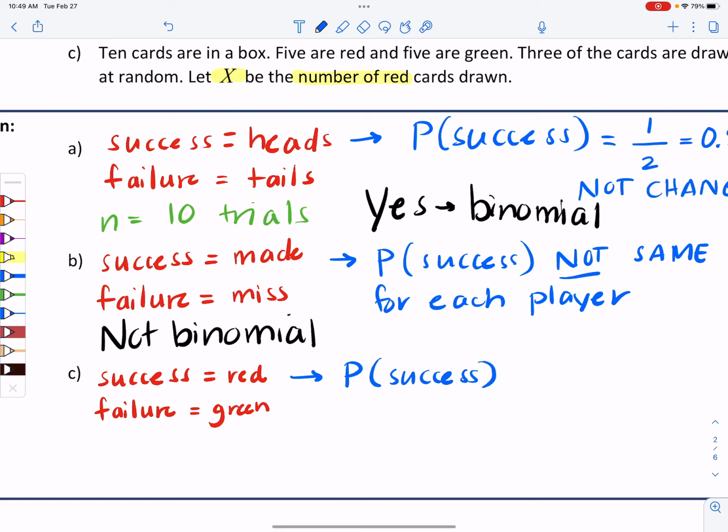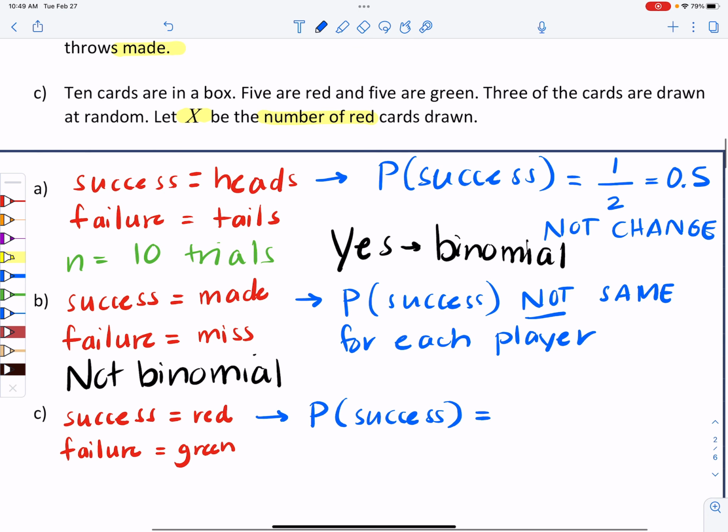And you have to remember, when you think about the probability of success, you have to think about what happens each time the experiment is run. In this case, what I'm going to do is think about the first card that is drawn. The first time that I draw a card, I go to this box of 10 cards.